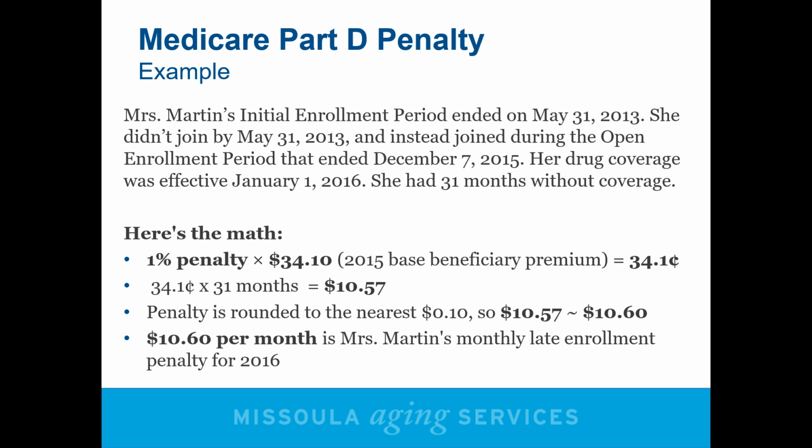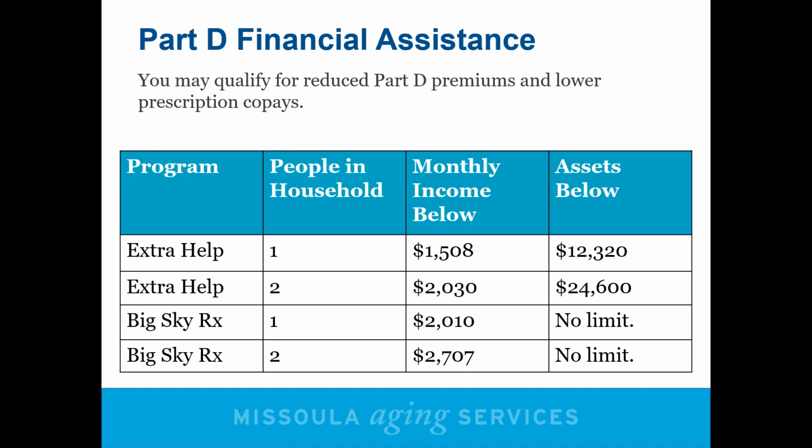They round it to the 10 cent, so $10.60 per month gets tacked onto her monthly premium, and who knows, next year maybe it's $10.70 instead of $10.60 because it will tend to creep up a little bit. So especially for those of you who don't take many drugs, or maybe you don't even take any drugs at all, you want to really price this in if you're thinking about skipping out on that Part D coverage.